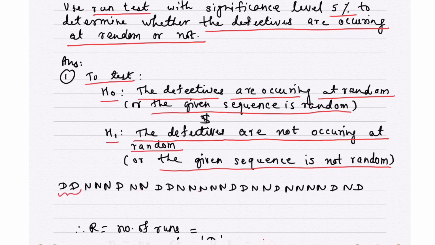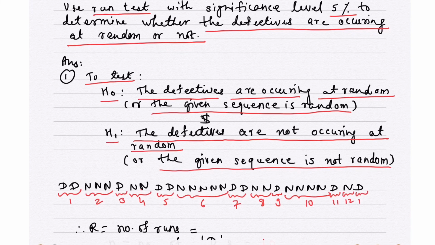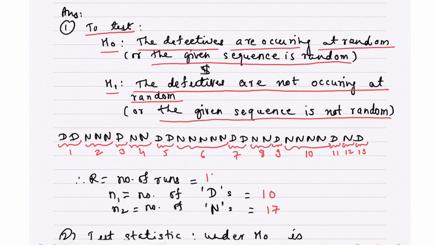So this is the first run of D's, second of N's, third of D, fourth run of N, then fifth run of D, sixth run of N, seventh run of D, eighth run of N, ninth run of D, 10th run of N, 11th run of D, 12th run of N, and 13th run of D. So the total number of runs that we have is 13.